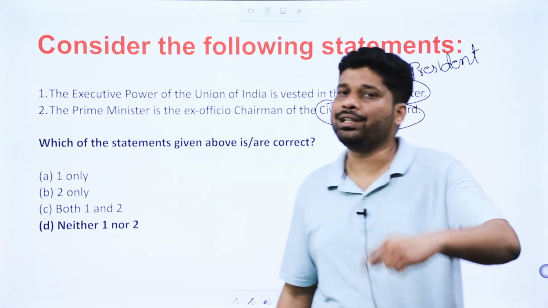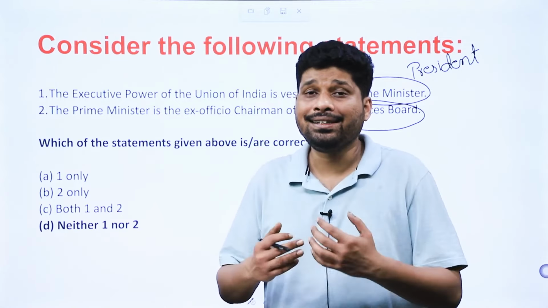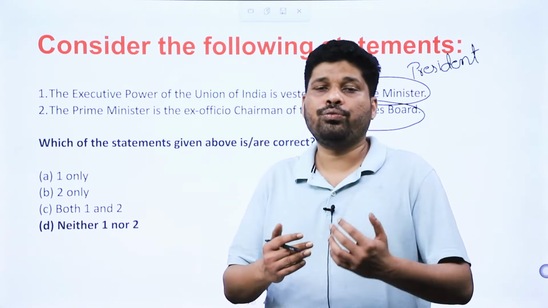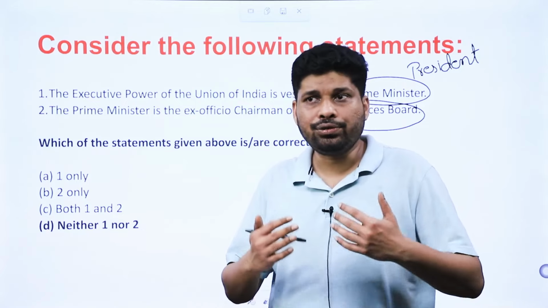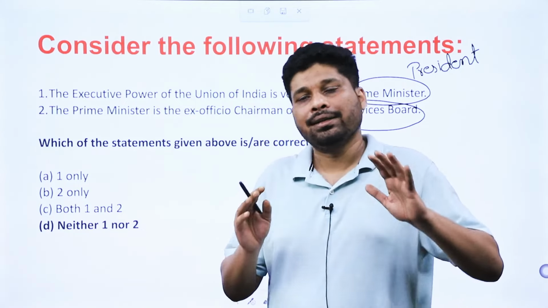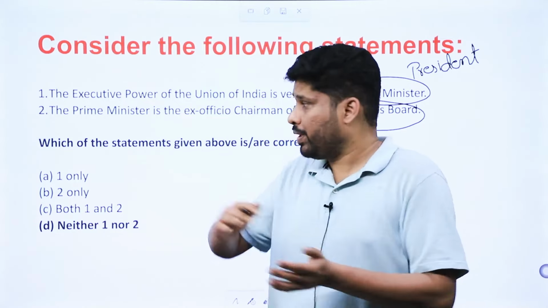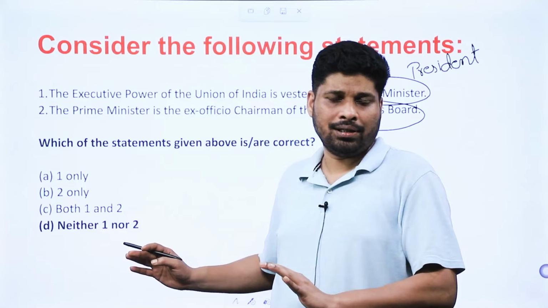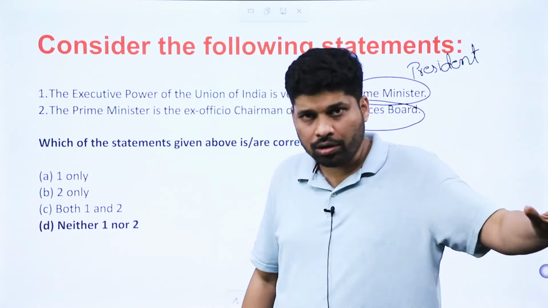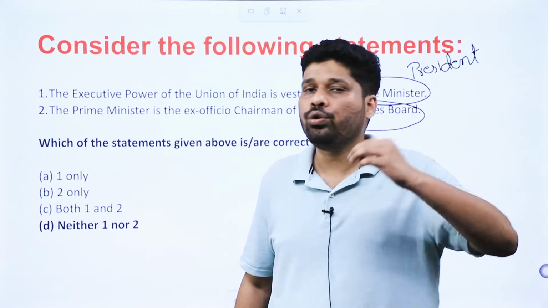They show the limitations to the office of Prime Minister, and hence it is also important for you to know what those limitations are. When I say you should remember what those limitations are, if you remember the rule that has been provided to you in the book, you will easily remember the limitations. Whatever is not the rule, that basically is the limitation. Don't overthink.